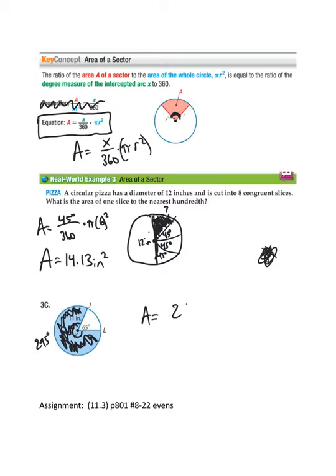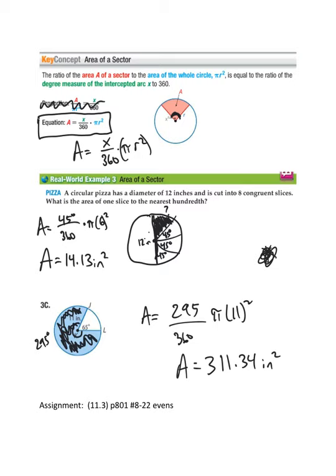And it's got a radius of 11 inches. So pi times 11 squared. Guys, 11 squared is 121 times 3.14 times 295 divided by 360. And we got an area of 311.34, rounding there, inches squared.